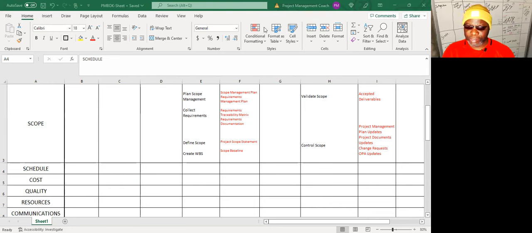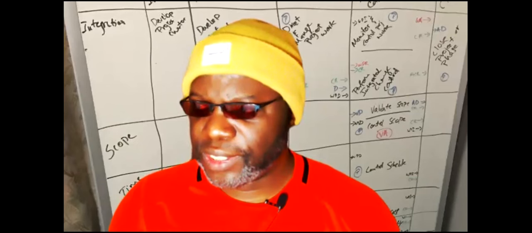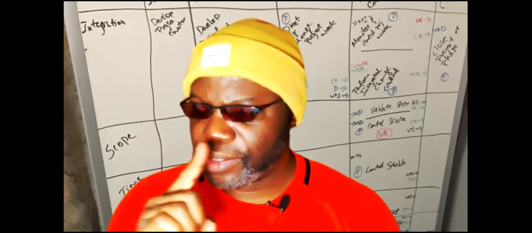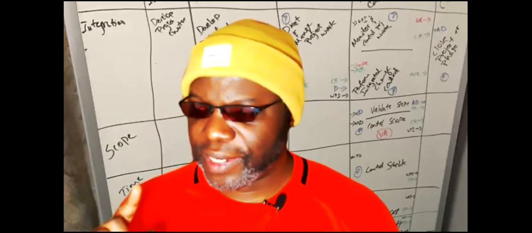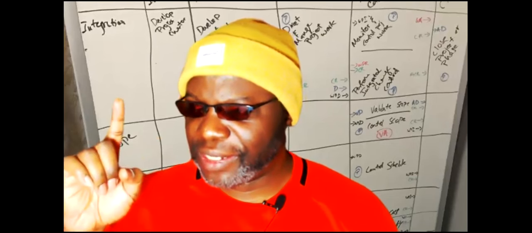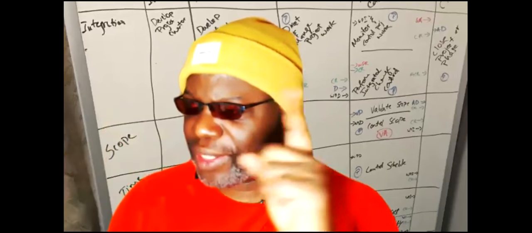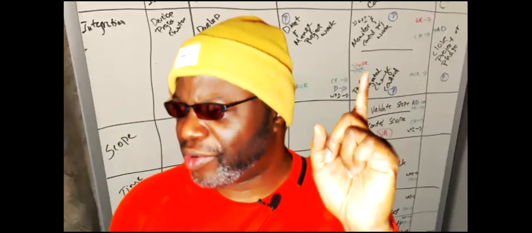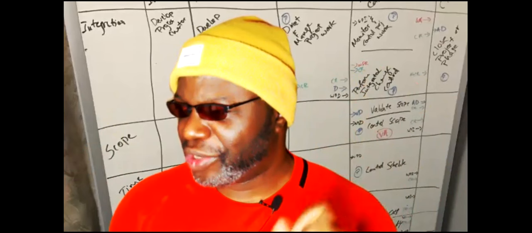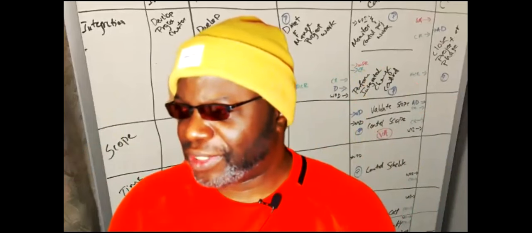If you look behind me, you can see he's got scope. At that time, it was time, that's integration. But you can see on this other end over here, he's got some red lettering, like change requests, work performance reports. He's got stuff showing what was going out and what was going in.